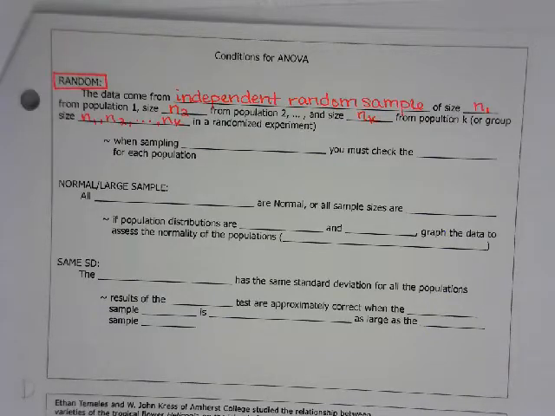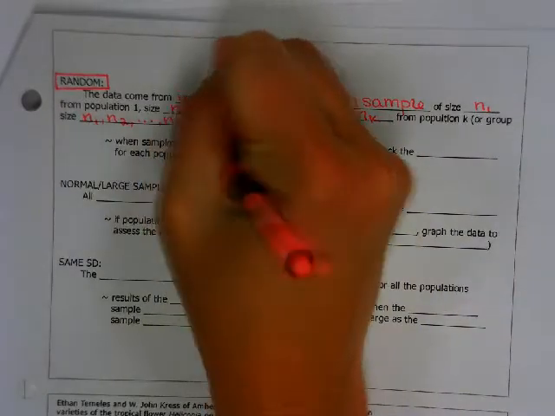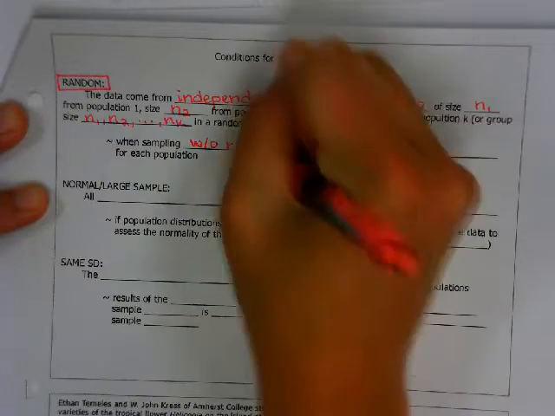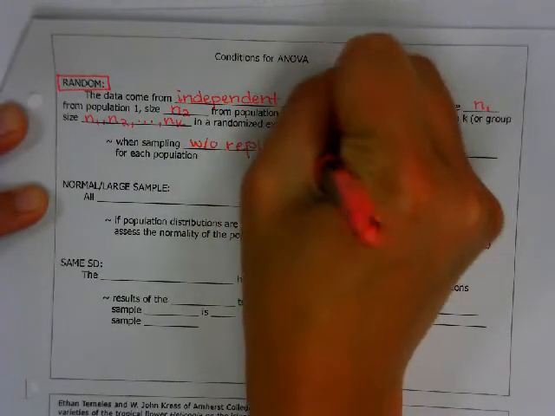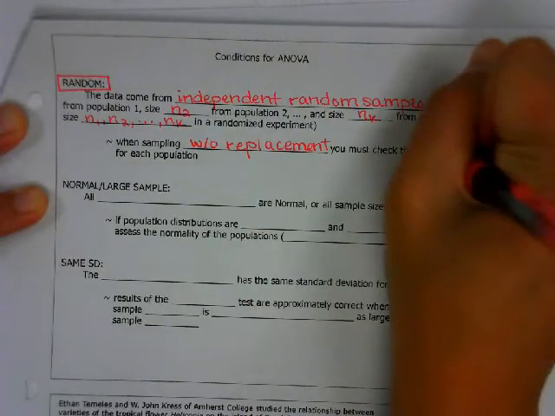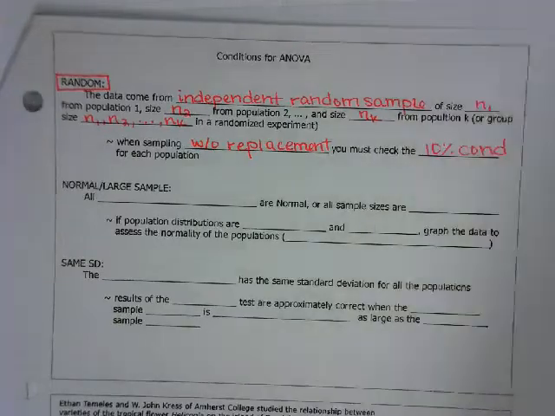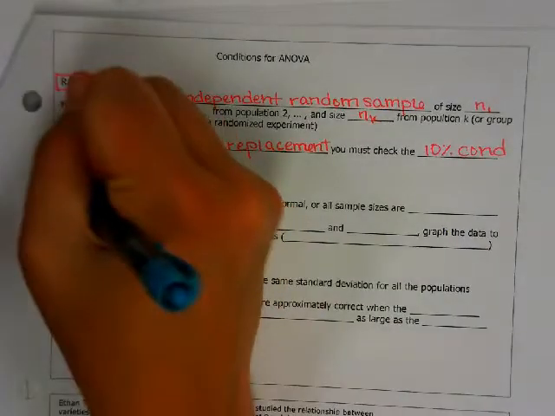If you are sampling without replacement, you must check the 10% condition. Then we have our normal / large sample condition.